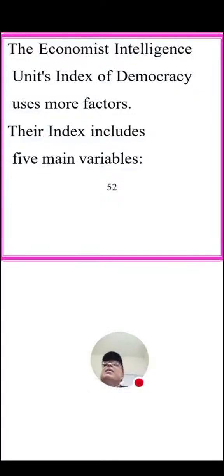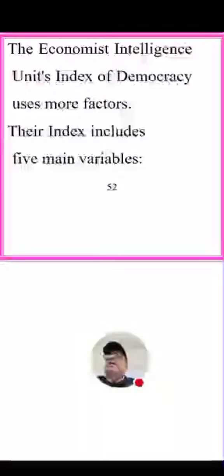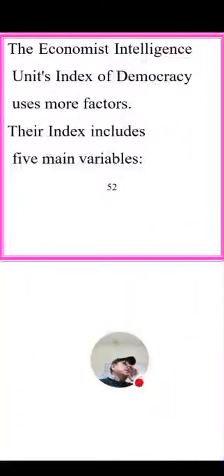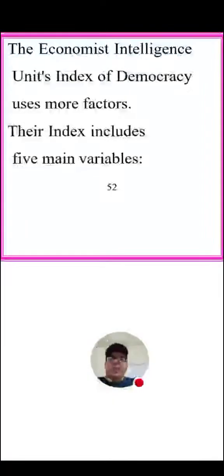It has its intelligence unit index of democracy. They have prepared an index of democracy, and they also publish their own rankings of all countries according to that ranking. Where do different countries stand in democracy?